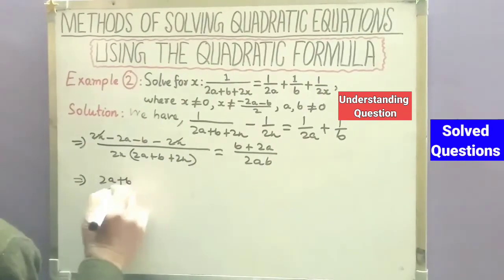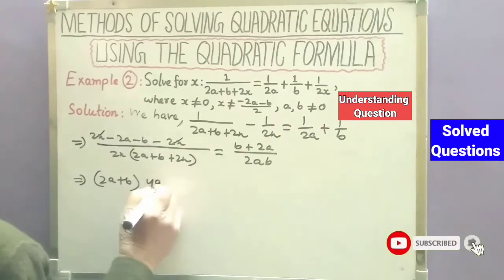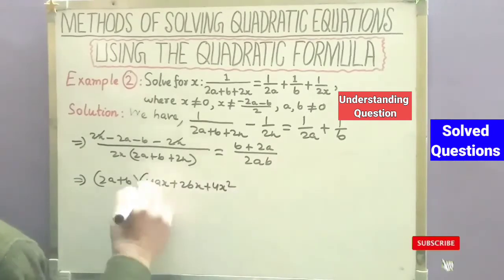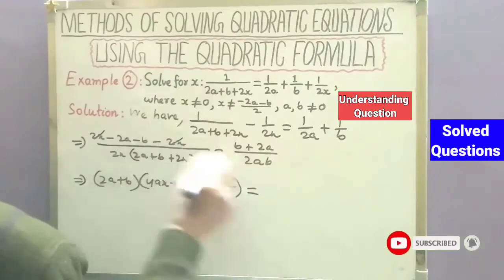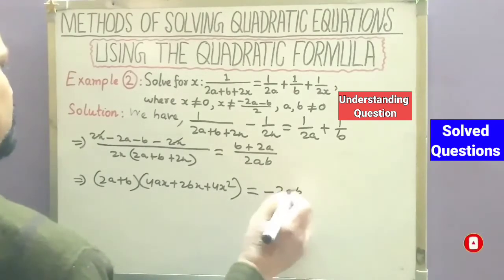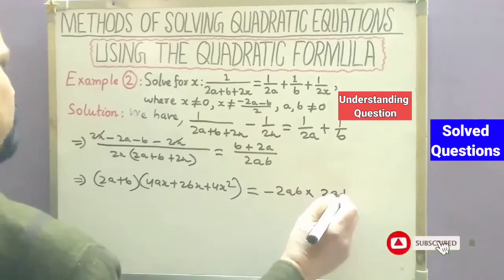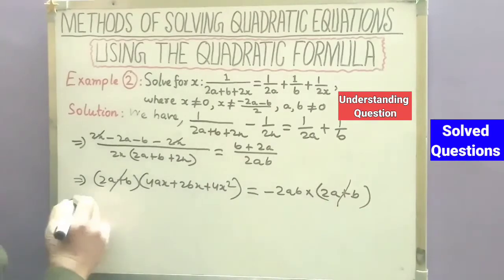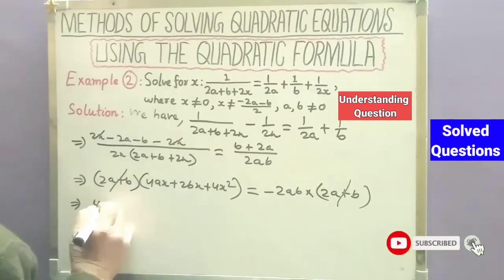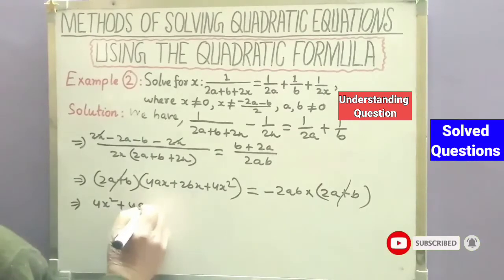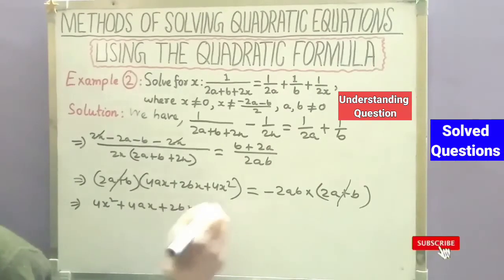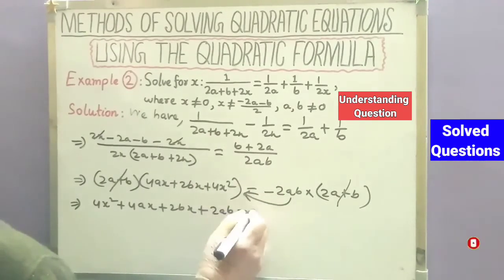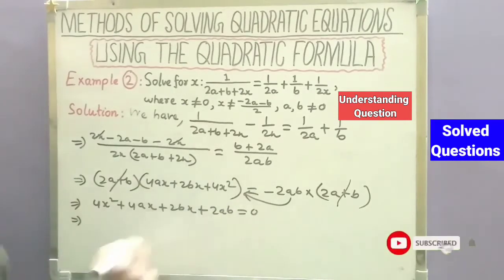Cross multiplying and simplifying, we get (2a + b)(4ax + 2bx + 4x²) = −2ab(2a + b). Cancelling (2a + b) from both sides, we get 4x² + 4ax + 2bx + 2ab = 0.